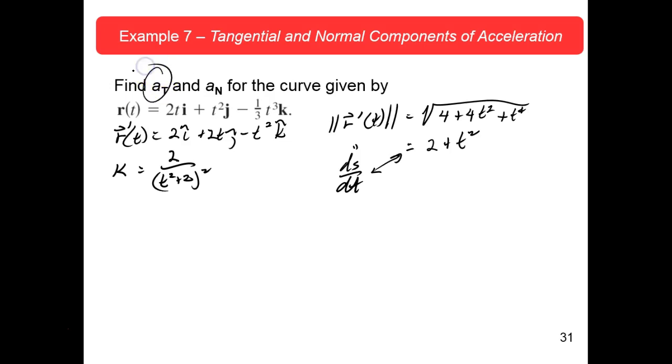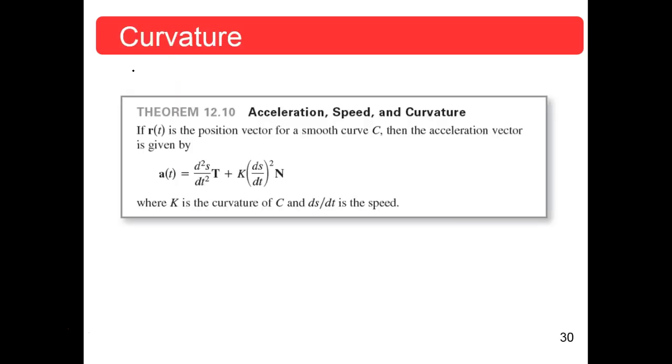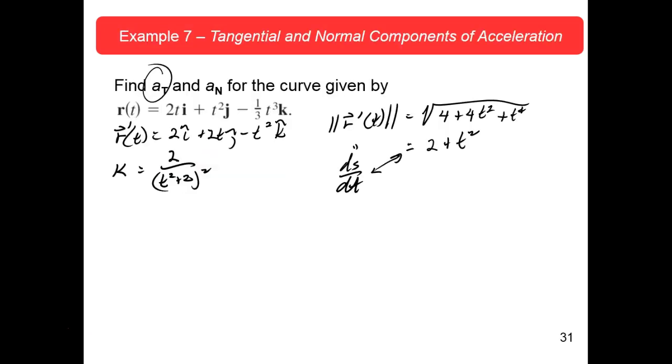find a sub t. Well, what was a sub t? d2s dt squared. Okay? So, a sub t, now I guess we should be putting that as a vector, unit vector at that. This is equal to d2s dt squared, which is equal to, take a derivative of that, and what do you get? 2t. So there's your a sub t.